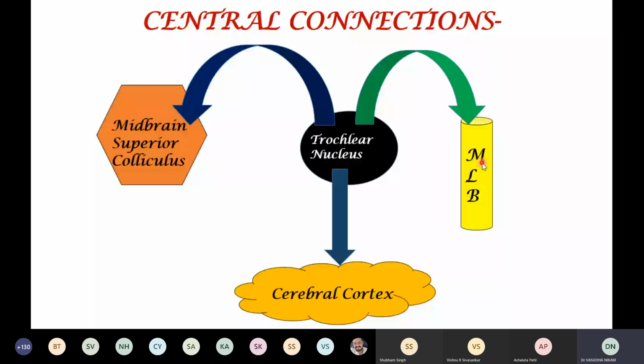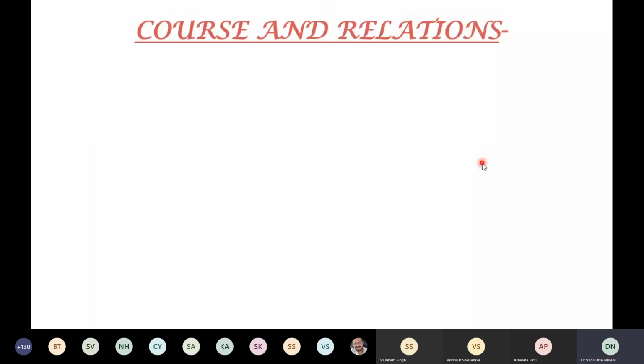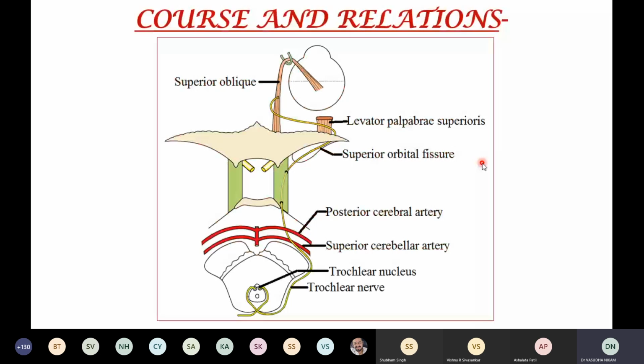Then the course and relations. In a similar fashion, you can see the same diagram, but don't get confused. It is easy to draw this diagram, so I have given this. You can take a photograph of it. Now you can see here the same thing. This is the midbrain. This is the periaqueductal gray matter.